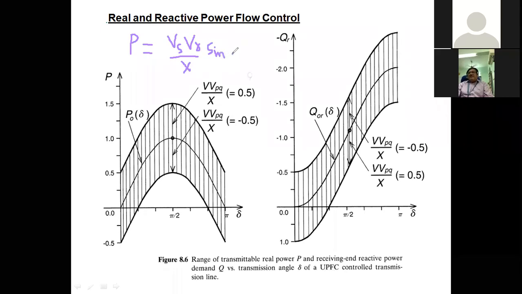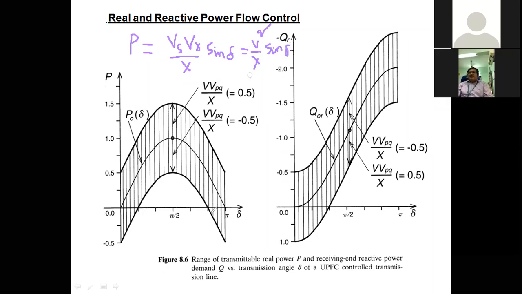Again, we do that derivation with a simple modification for this compensator. Even if these voltages are the same, you get V square by X into sine delta. So this is the power flow without controller.